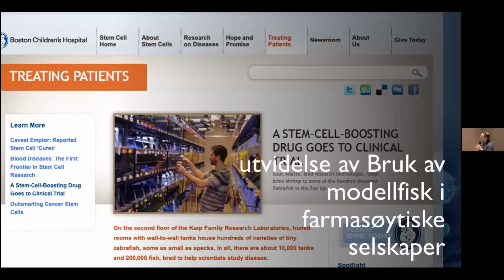Just a last slide, to show you that many pharmaceutical companies started to understand some years ago the benefit of using model fish, even to study human health. Many of those pharmaceutical companies in the USA and Europe have started to develop their own fish facilities, working mostly with zebrafish, where they try drugs on these fish because it's cheaper and faster to see the results before going even to mouse.